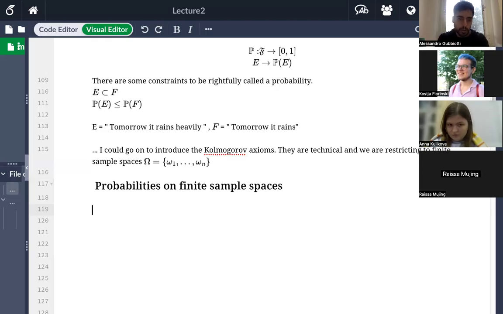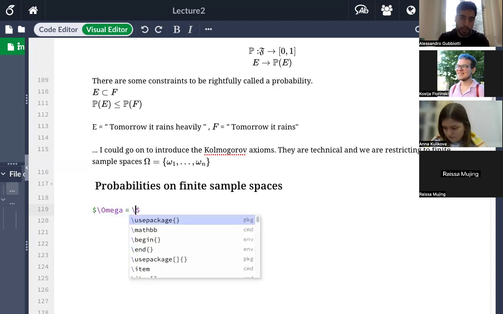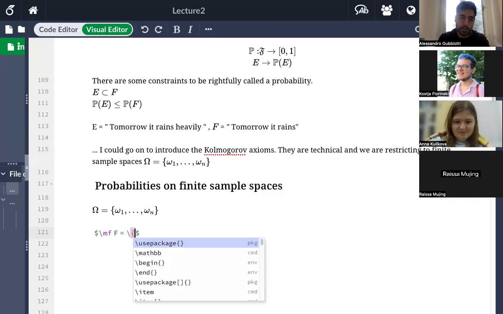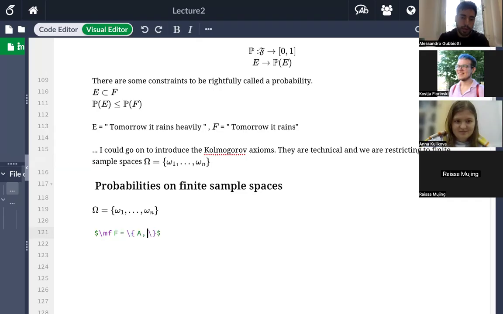So first of all, let's start from an omega, let me repeat, that is of this form. So what are the events we want to consider? Here we can choose every subset of omega. So the events we want to consider are simply A, where A is a subset of omega. So every subset you can come up with is an event that you may want to take into account.